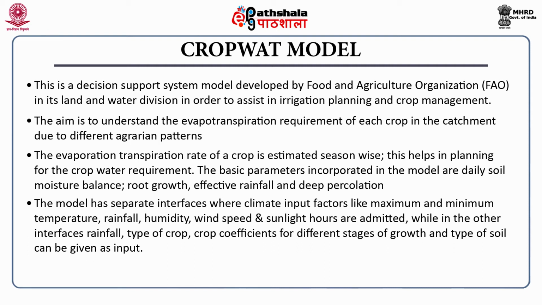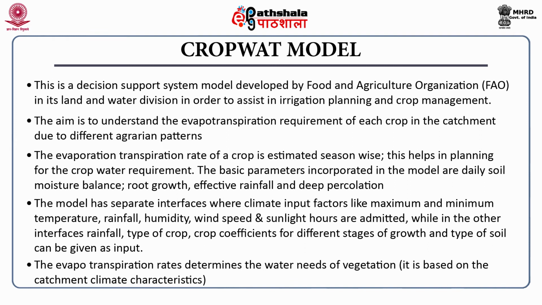All these are factors which our model must be able to tell us, and these parameters are taken into account in the Kropf-Watt model. The model has separate interfaces where climate input factors like maximum and minimum temperature, rainfall, humidity, wind speed and sunlight hours are taken into consideration, and that is how it is able to predict the evapotranspiration requirement with such accuracy, and simulate the catchment characteristics and climate conditions.